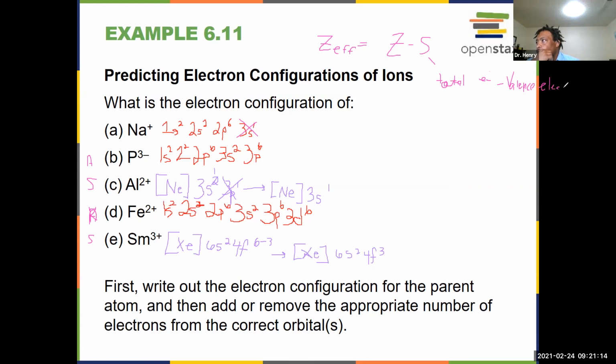Okay, so if we have neon, and Z represents the atomic number, then Z effective for neon... what is the atomic number for neon?